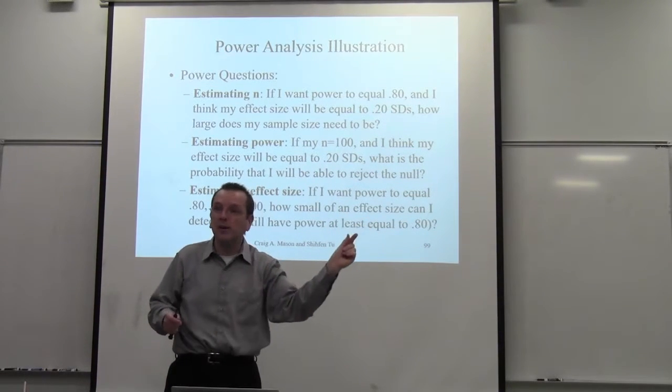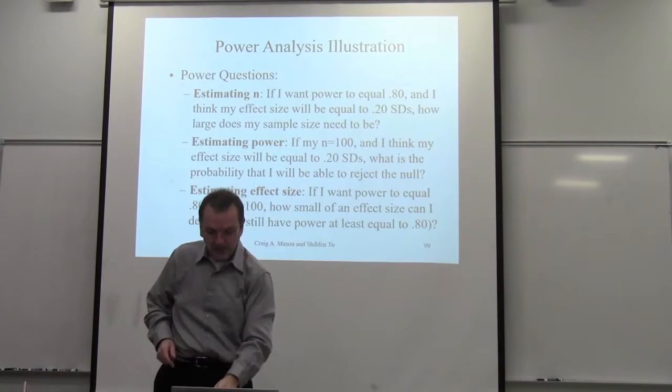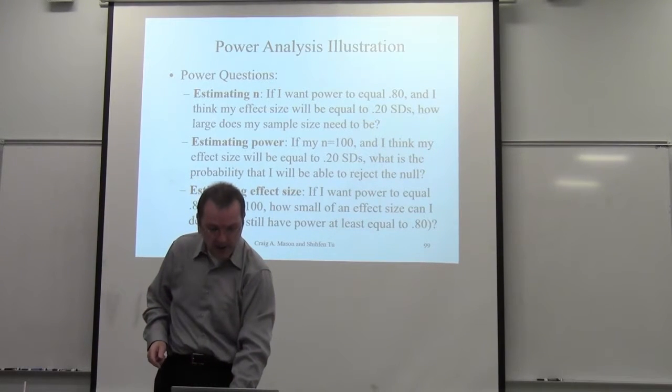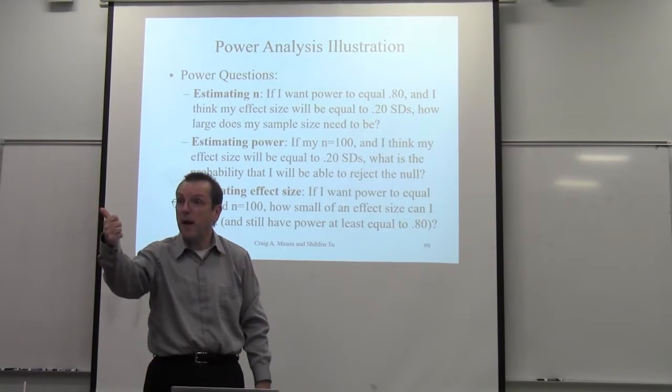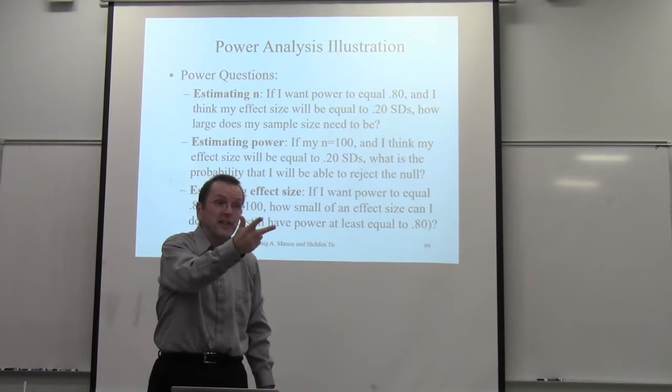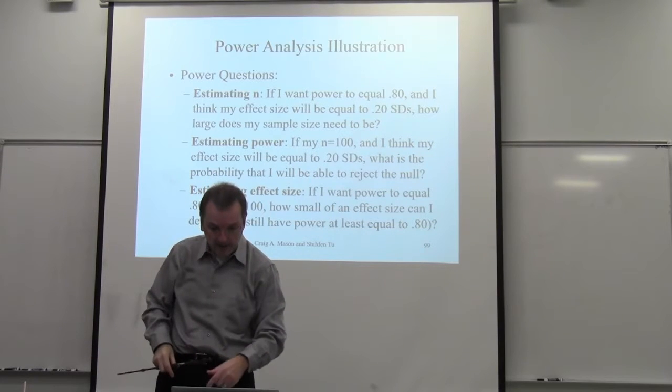It's a non-important effect size. So again, there are three different ways you're getting at it. It all comes down to your estimate of power, your sample size, and how big of an effect size you've got.